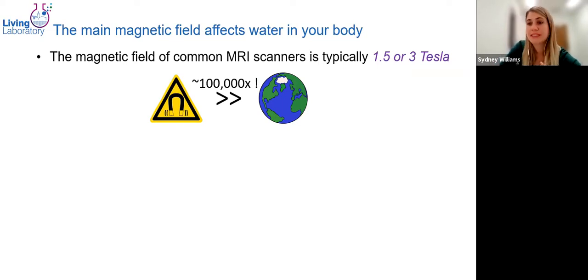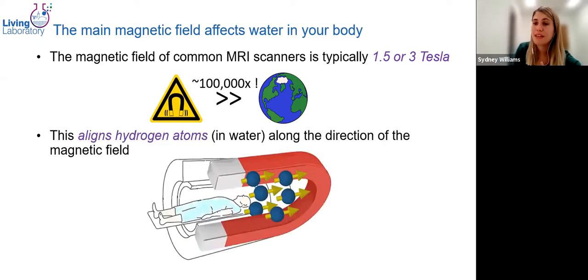And what this does is when you put somebody inside the MRI machine with such a strong magnet, it causes all this water, or actually the hydrogen atoms in the water, to align in the same direction as the main magnetic field. You might have seen an example before when you have a common refrigerator magnet and you have some iron filaments, and if you put the magnet close to the iron filaments, it causes them all to align in the same direction.